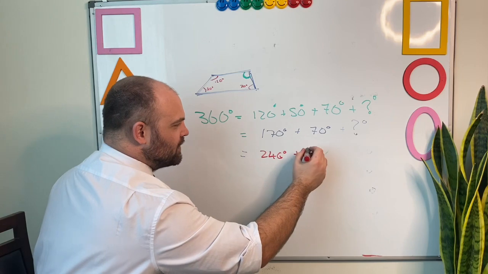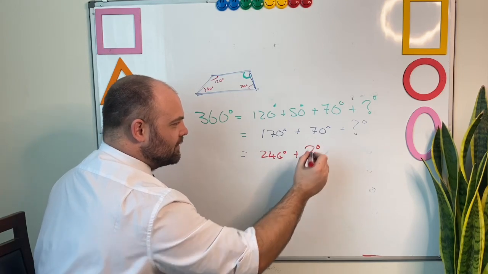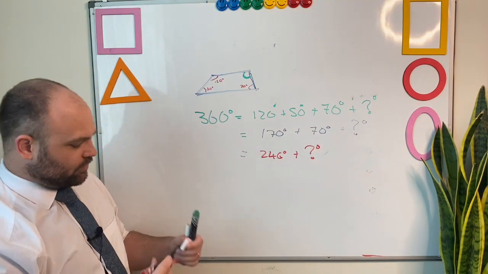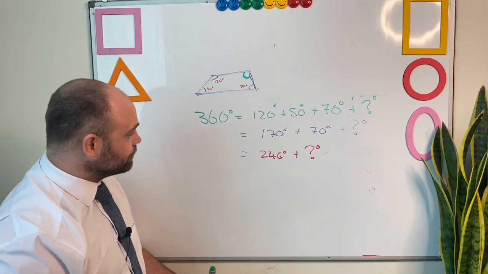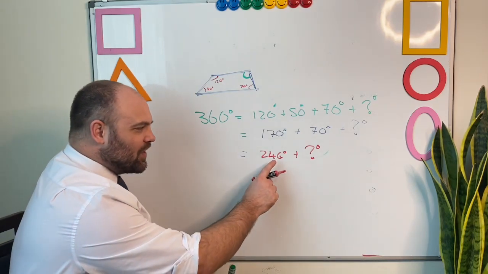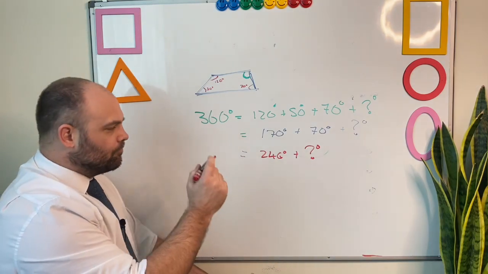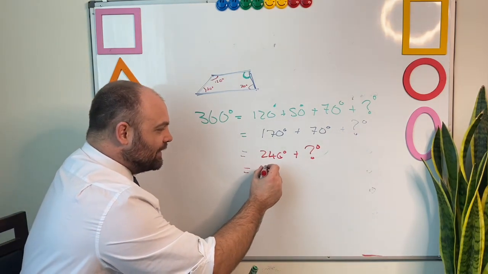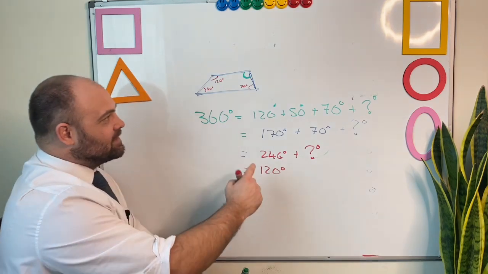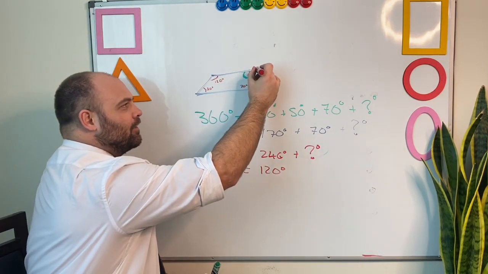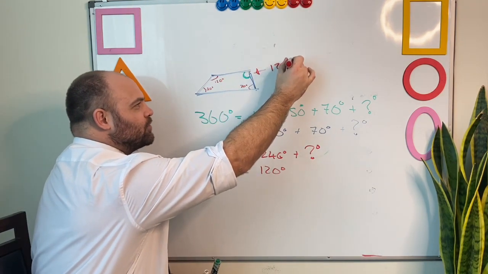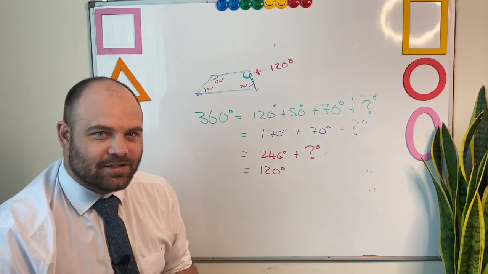So 240 degrees plus our missing degrees must be equal to 360. What do I need to add to 240 to get to 360? 120. So that means that our missing value here must be 120 degrees.